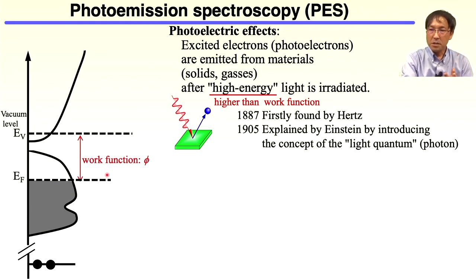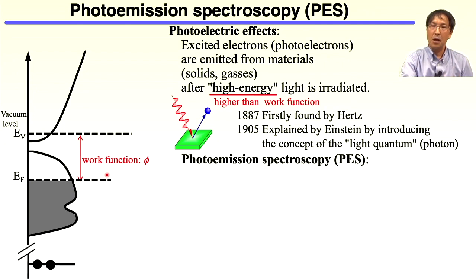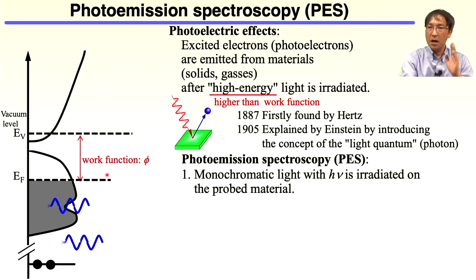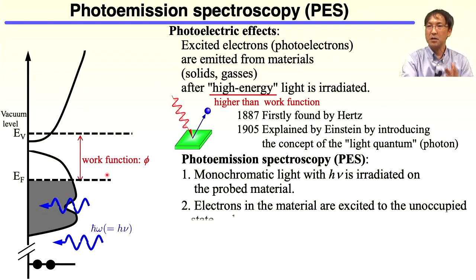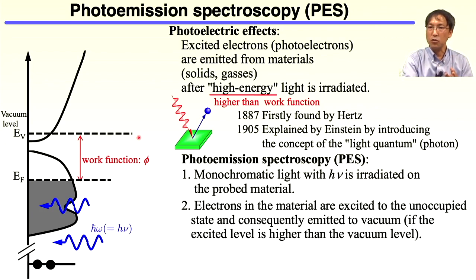The process of photoemission spectroscopy is like this. At first, highly monochromatic light is incident onto the material. In this case, the material is solid or gas. Then one electron in the material is excited to an unoccupied state.